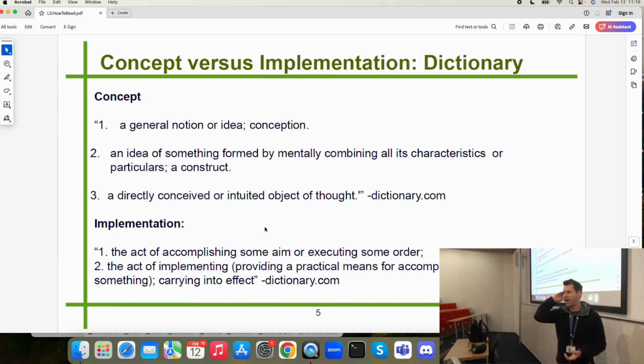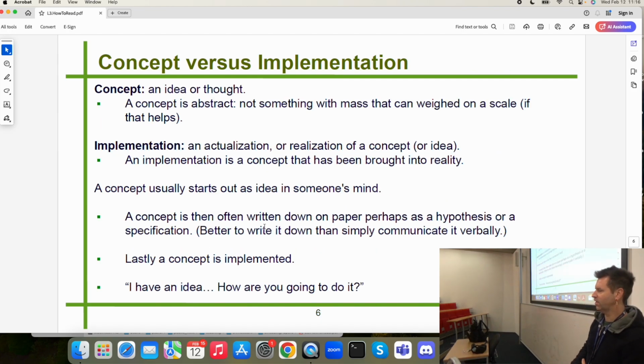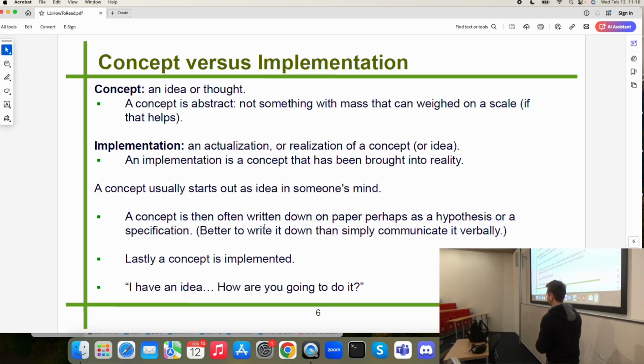So it comes out of the head and it gets transformed into reality. That's the difference between concept and implementation. Is that understandable? Hopefully. It's not that difficult to understand. It's not mind-blowing or anything.